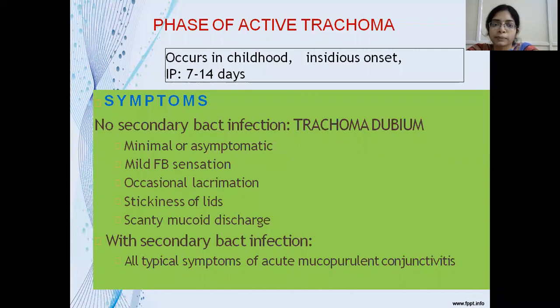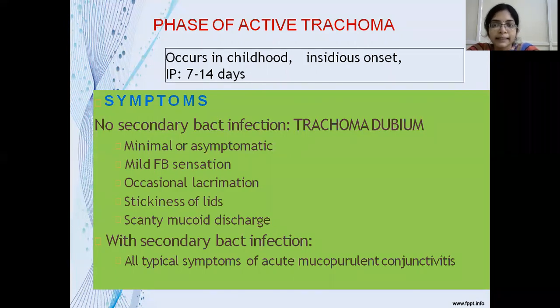Okay. Now, when there is only purely trachoma and there is no other associated secondary bacterial infection, how does the patient present? He can be totally asymptomatic, or he can just have mild foreign body sensation or some lacrimation, some stickiness of lids, and some scanty discharge, mucoid discharge. Please, it's not going to be mucopurulent or purulent.